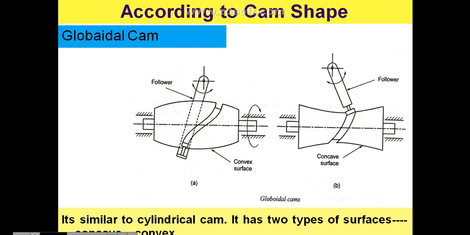The second one is also of the same type, where the groove is made on the cylindrical surface. The follower is suspended in the groove. The other end of the follower is pivoted at the top. So when the cam arrangement rotates, the follower follows the groove and attains oscillation.